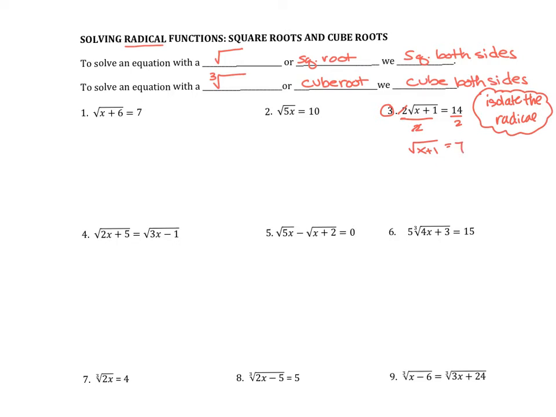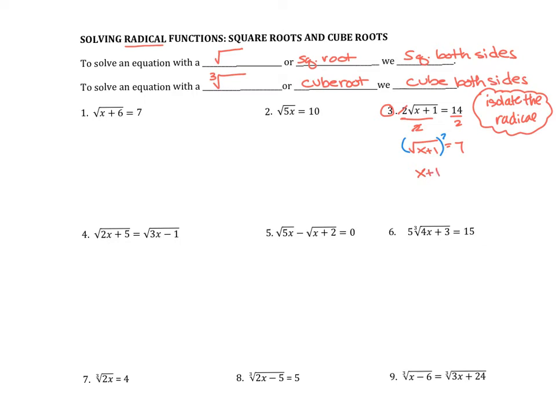Now I want to solve for x, and the problem is it's underneath this radical. So I need to get rid of my radical. I need to cancel it. We can do that by squaring the left side of my equation. By squaring the square root, they cancel each other out, and I'm left with just the x plus 1, what was inside my radical.